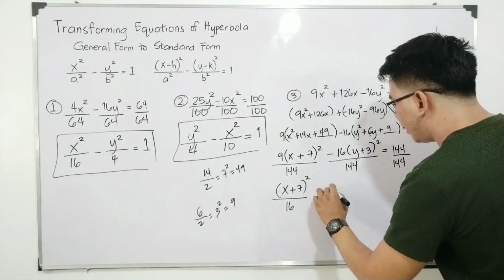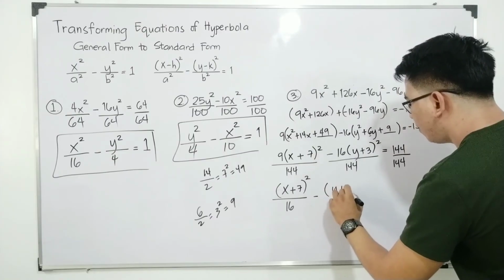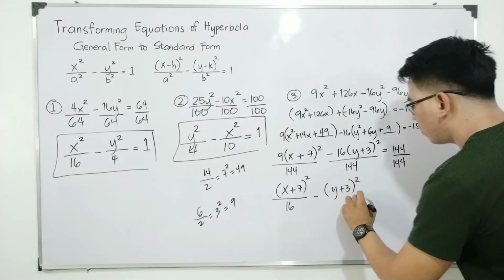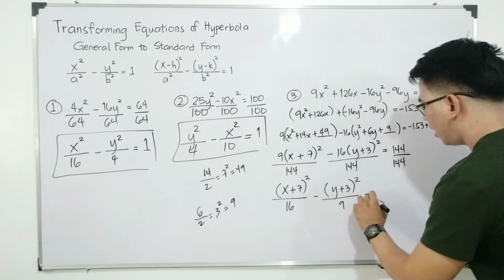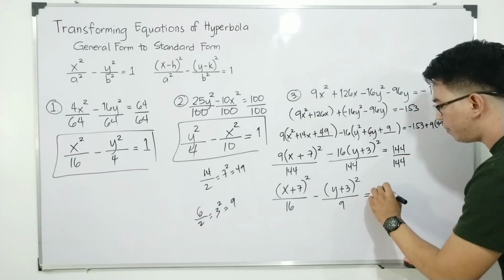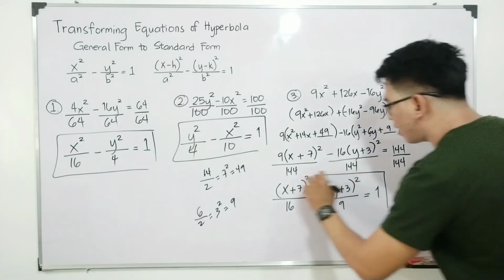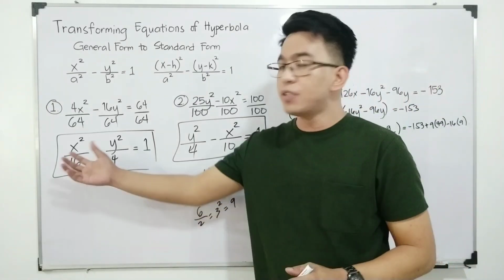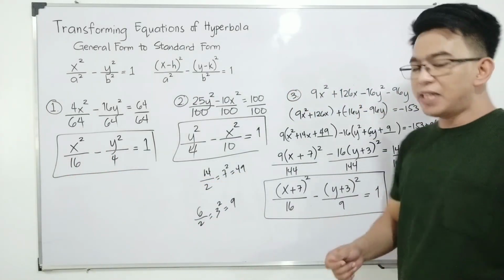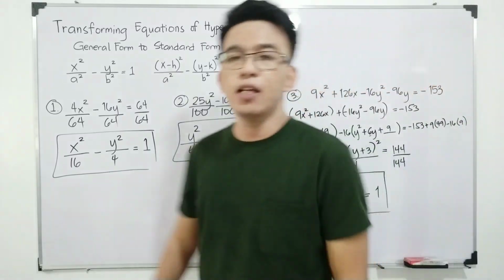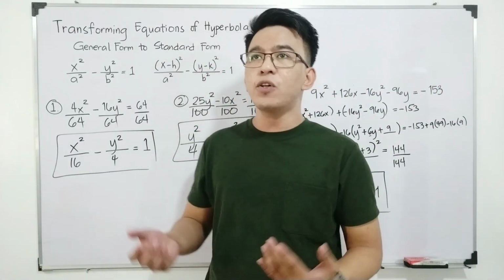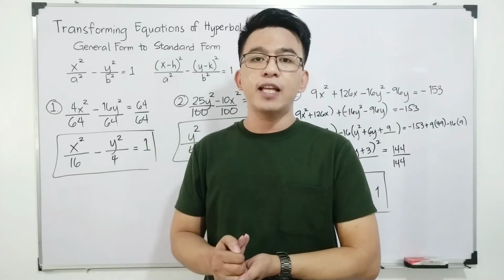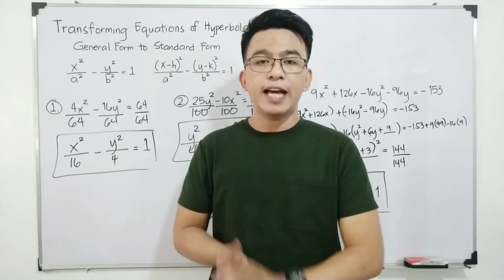So this is negative y plus 3 squared over 9. And eventually, this one will become equal to 1. Ito na mismong general form natin, guys. As you can see, since converted na yung examples natin from numbers 1 to 3, madali natin malalaman yung orientation, vertex, at even the different parts of the hyperbola.